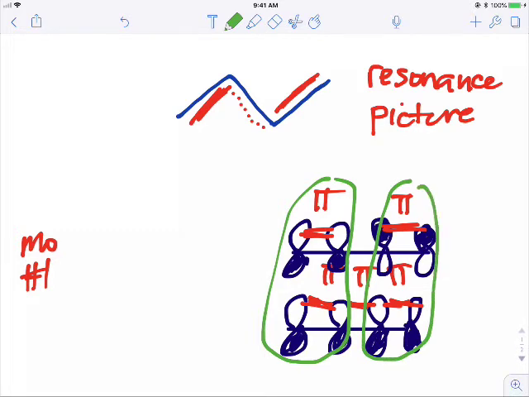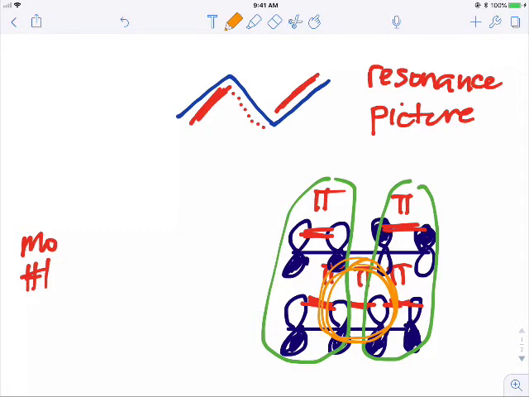We have contribution towards the pi bonding occurring from both of those orbitals. We also, though, have a little bit of additional contribution right there between carbons 2 and 3.